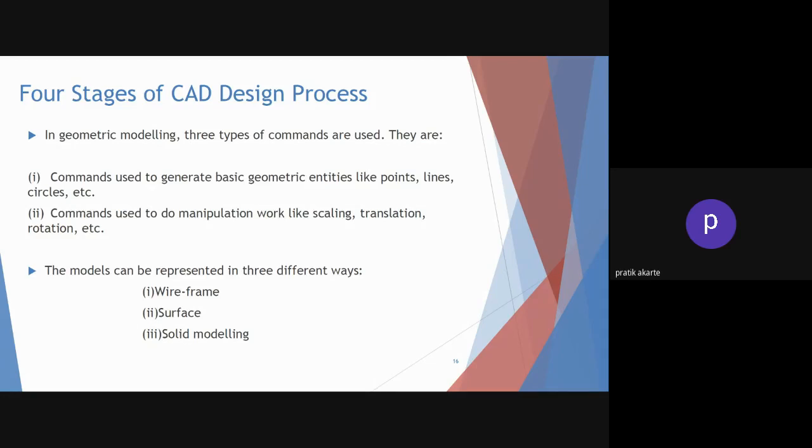Surface modeling is used when the length of an object is very large compared to its thickness, like when you are preparing sheets or panels of a car. Solid modeling is used when the thickness is comparatively good compared to the length of the product. So these are the three different ways the models can be represented.